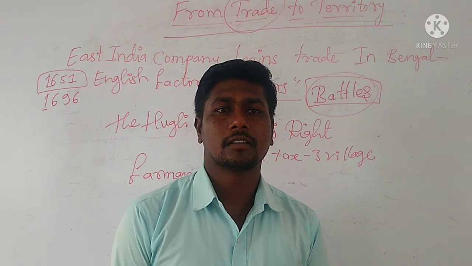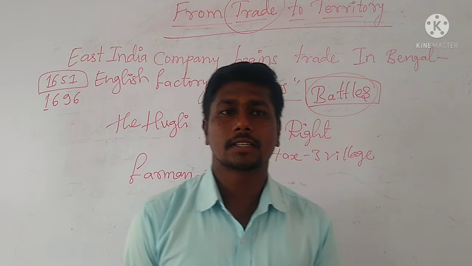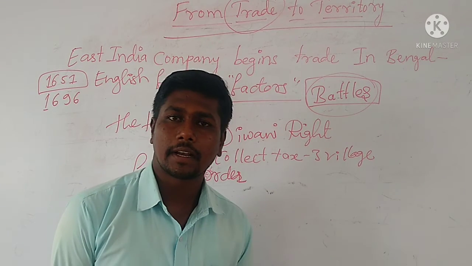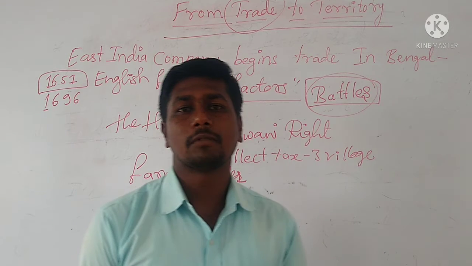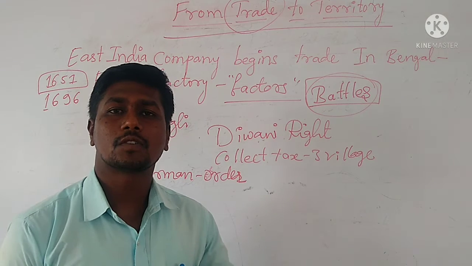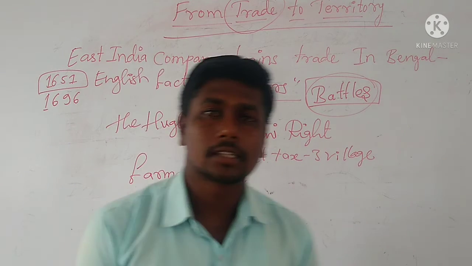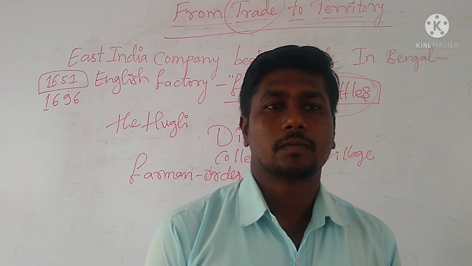And after the death of Aurangzeb, the Bengal Nawabs asserted themselves as independent. I mean, they claimed autonomy, they declared themselves independent rulers of Bengal after the end of Aurangzeb.